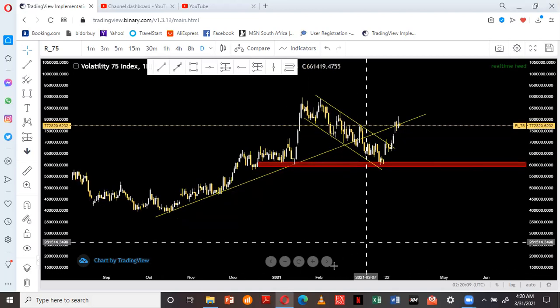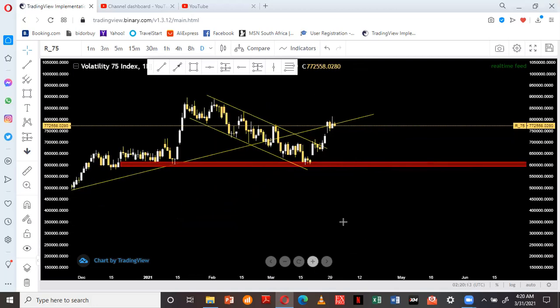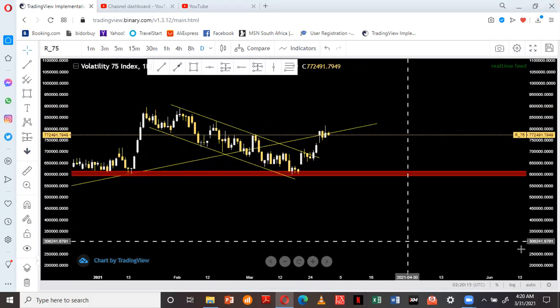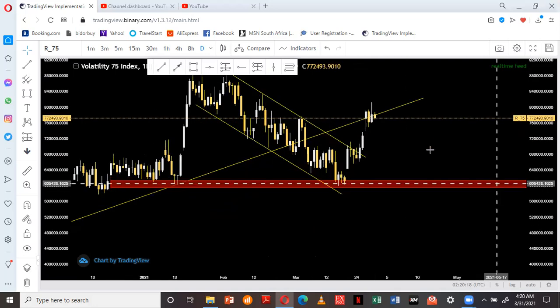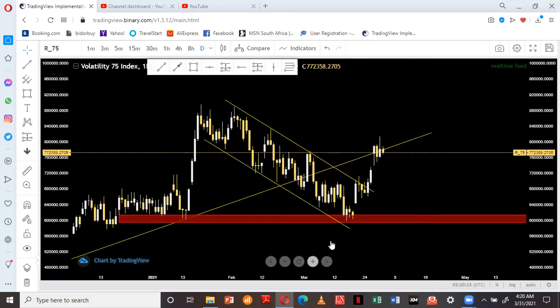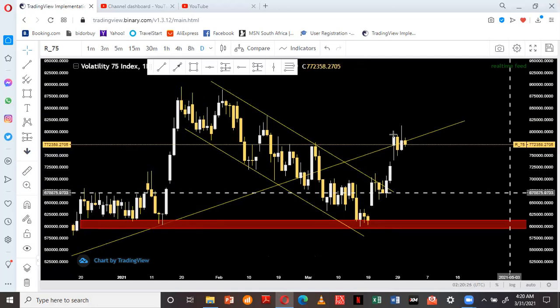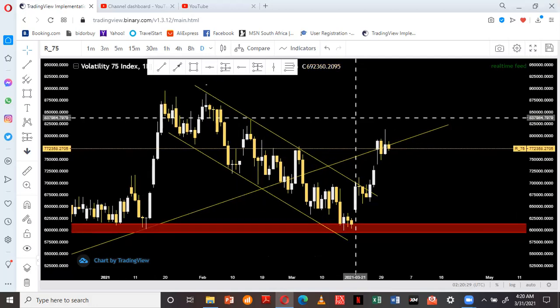But the way I see it, usually when these candlesticks happen, especially on a higher time frame, they have so much effect that we end up seeing a change in price. So now we can see that we are having this one right here.